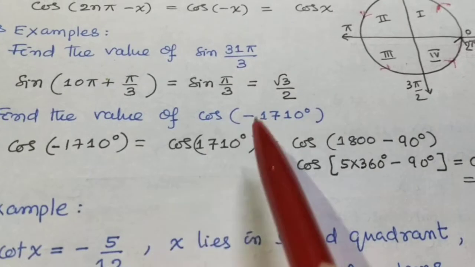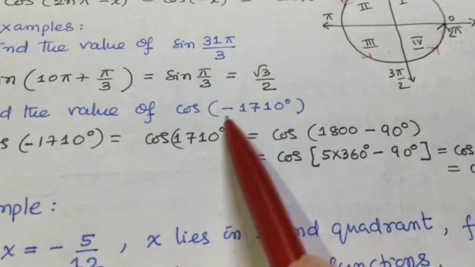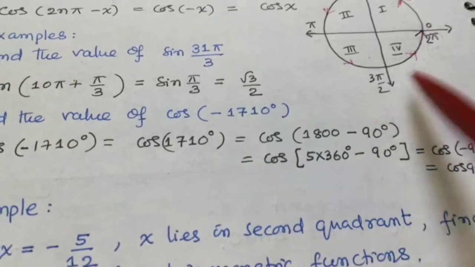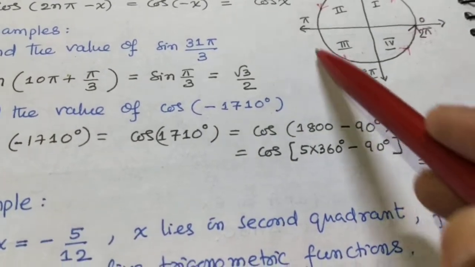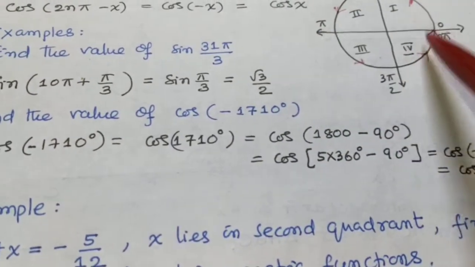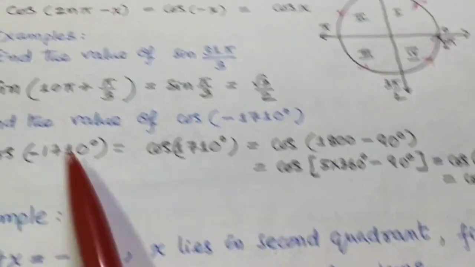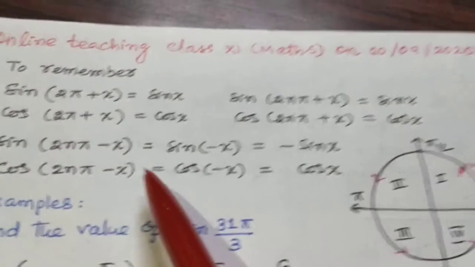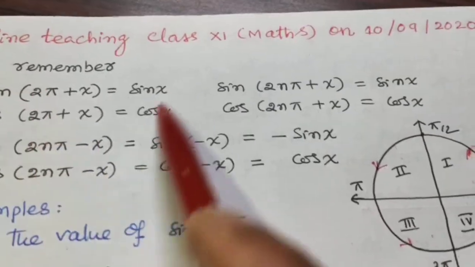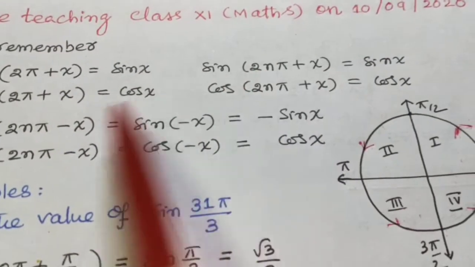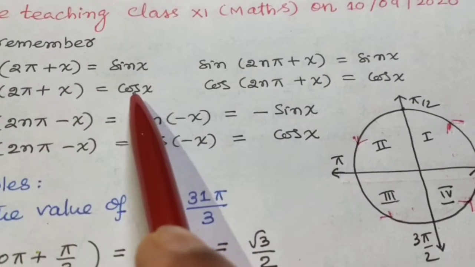Similarly, finding the value of, say for example, cos of minus 1710 degree. Minus means you are going clockwise. Sine of 2 pi plus x, with 2 pi coinciding with 0, is sin x. So cos of 2 pi plus x is cos x.